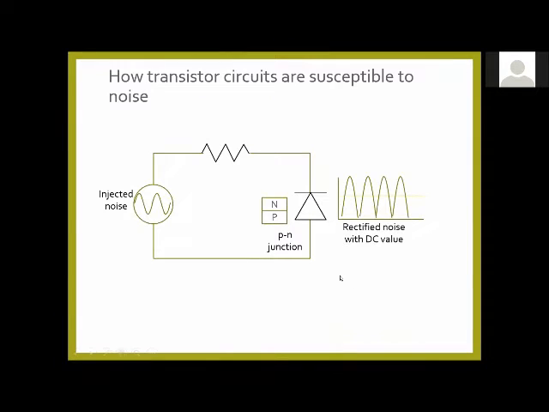Well, what causes that are diodes and PN junctions in the circuit. A PN junction will allow the current to flow only one way and not the other. And so if you have an AC signal, whatever the frequency is, the junction will rectify it and you'll end up with a DC level in current, or if there's a loop, voltage.